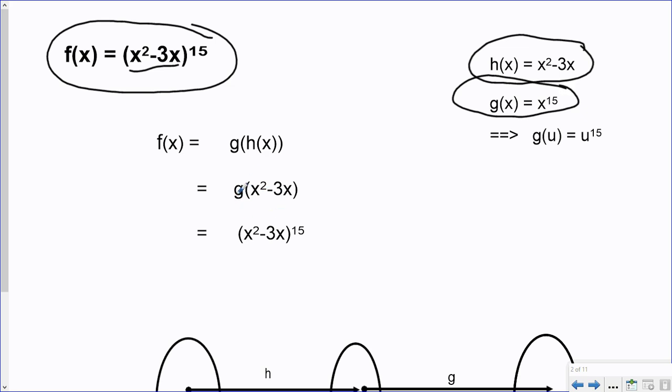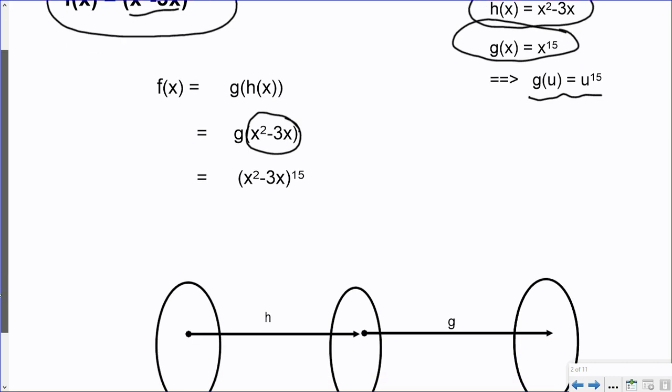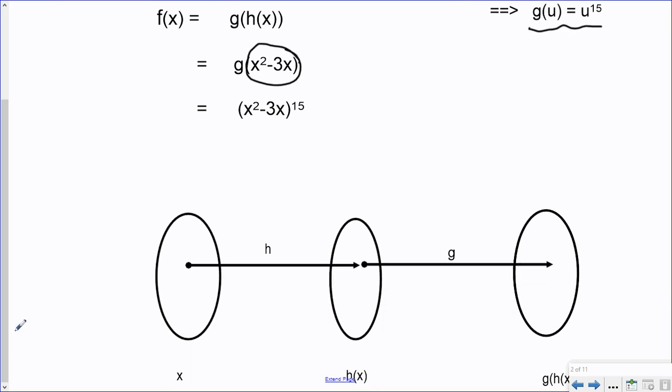When I apply my mapping notation on g, all I'm doing is taking this expression, x squared minus 3x, putting it through the g function, and then raising whatever that variable is, x squared minus 3x in this case, to the power of 15.